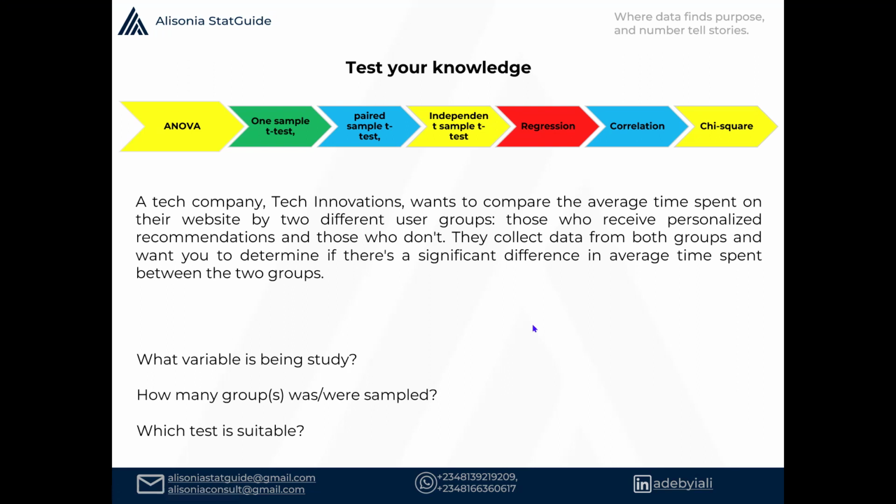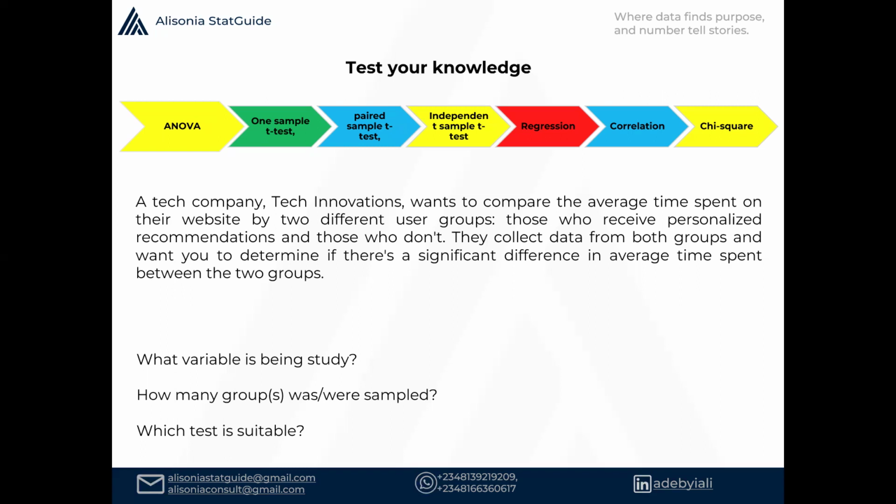So a tech company wants to compare the average time spent on their website by two different user groups. Note that: two different user groups, those who receive personalized recommendations and those who don't. They collect data from both groups and they want you as an analyst to determine if there is a significant difference in average time spent between the two groups.